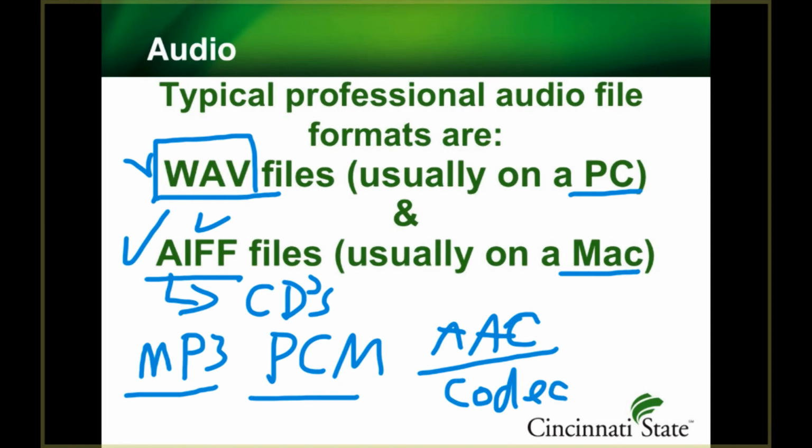If someone asks you what codec you are using for a file, they are talking about what format it is. Is it an AIFF? Is it a WAV? Is it MP3? Which I hope not, because it's very compressed. Is it PCM? Is it AAC? Or whatever, because you need to make sure your system knows how to play that codec back.